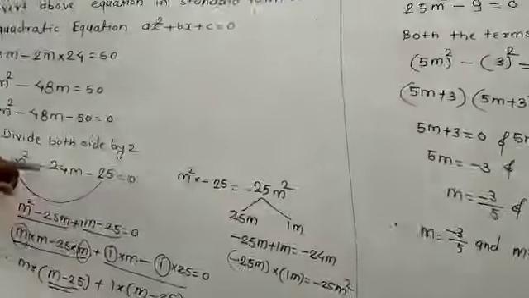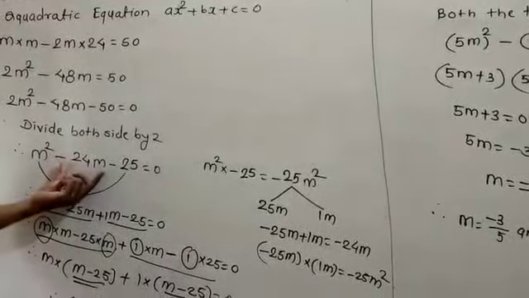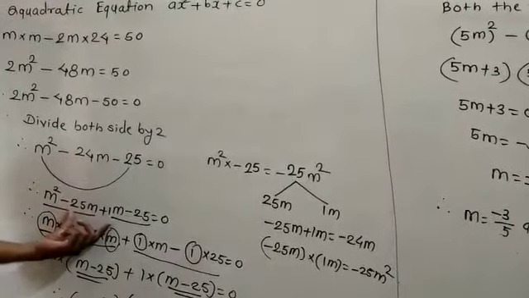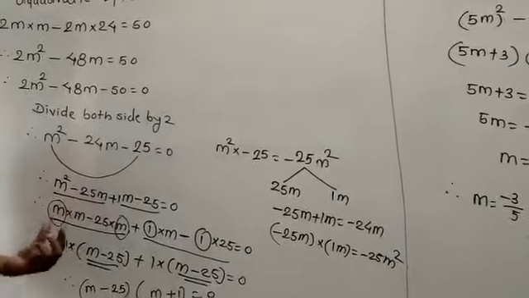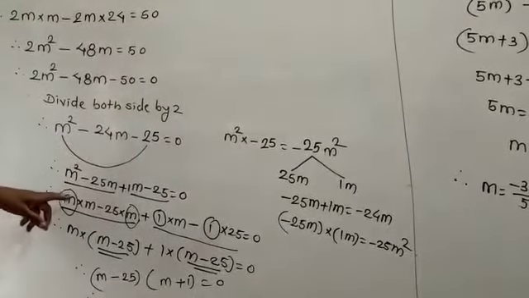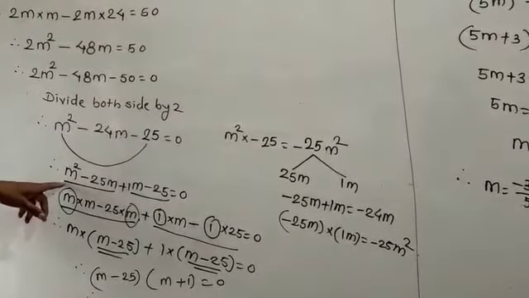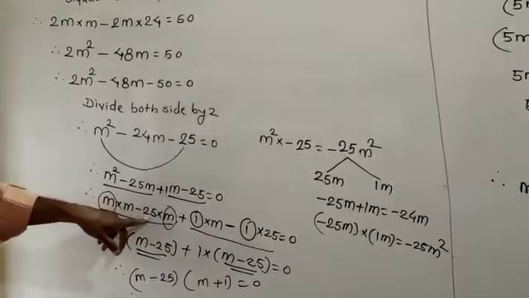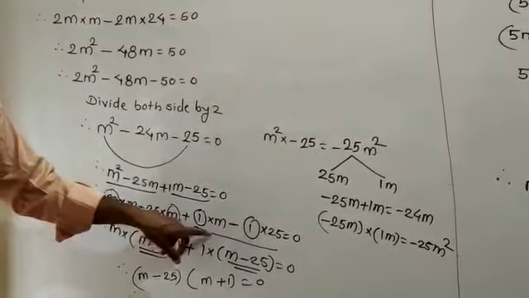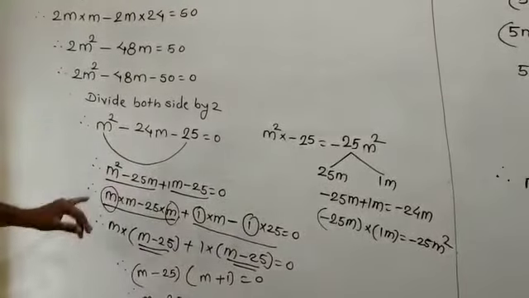First term as it is you have to write, last term as it is you have to write, only minus 24m you have to write in the form minus 25m plus 1m. After that you have to write this equation in the product form: m multiplied by (m minus 25) plus 1 multiplied by (m minus 25), that is, m multiplied by m minus 25 multiplied by m plus 1 multiplied by m minus 1 multiplied by 25.